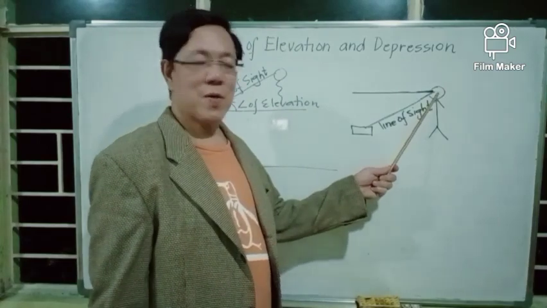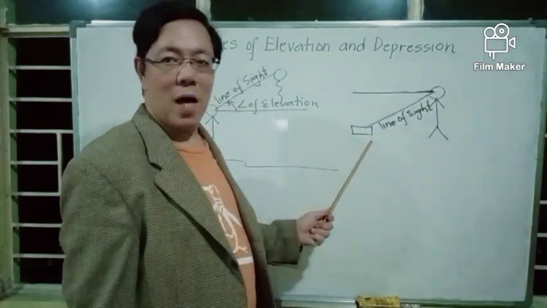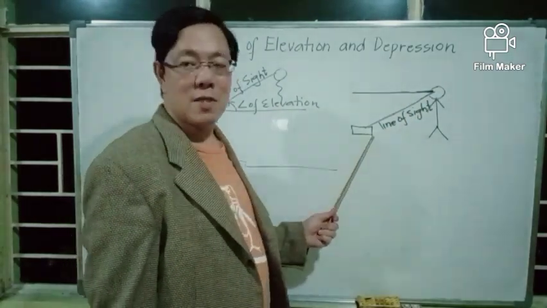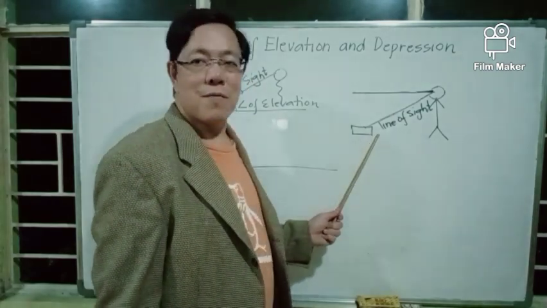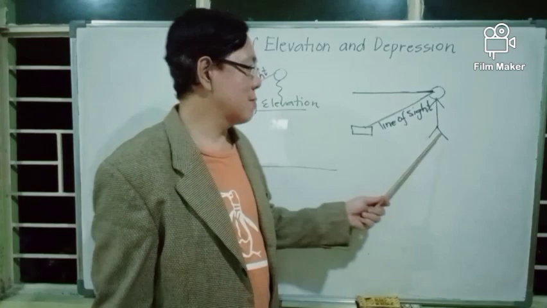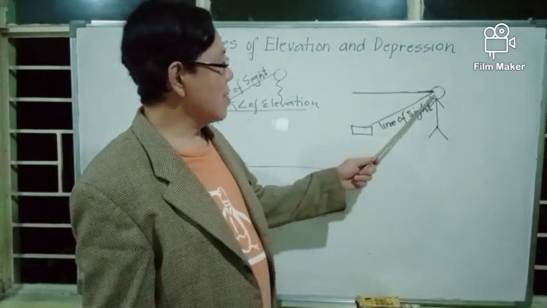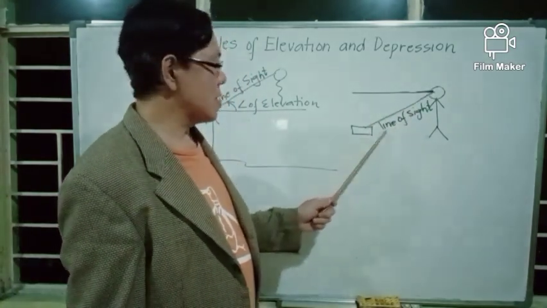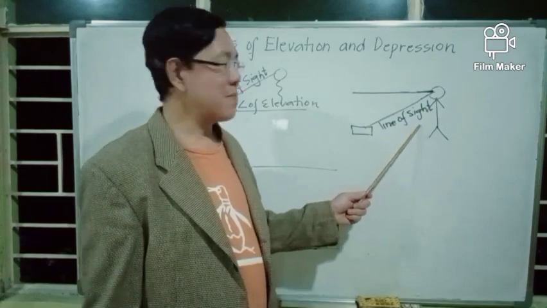Again, this is the observer looking down at some object on a flat surface on which the observer is also standing. And the line from the eye of the observer to the object is the line of sight of the observer.